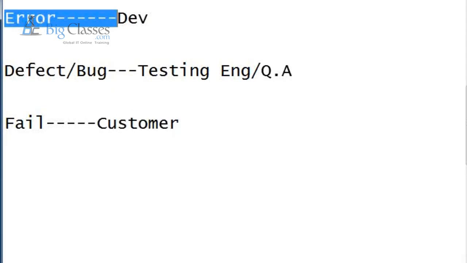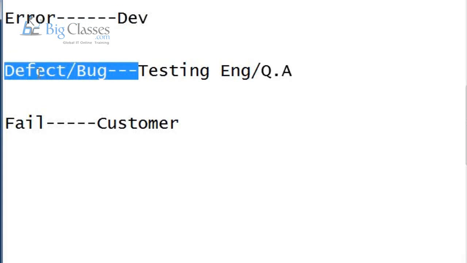So try to understand these three terminologies first. The three terminologies have the same meaning, but different places use different terminology. The first one, error. While developing the application, if the programmer finds any mistake in the coding, it's called an error. This terminology is used by the developer. Next, defect or bug.